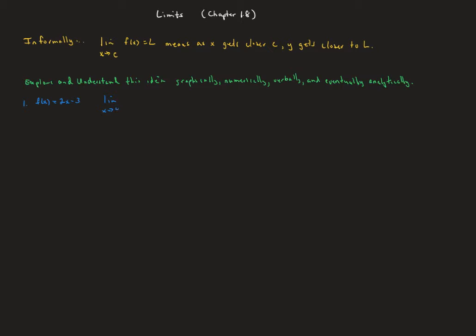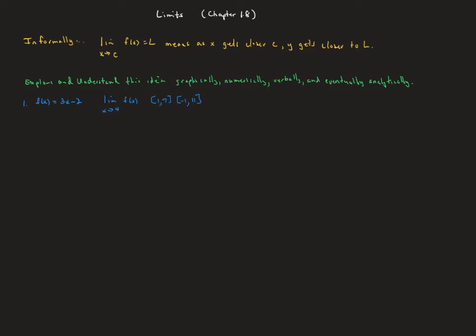So the limit as x approaches 4 of f of x. In class, or on your calculator, you can use x min, x max 1.7, and y min 1, y max 1.11. Actually, I'm going to change the equation here. Let's do 3x minus 2.